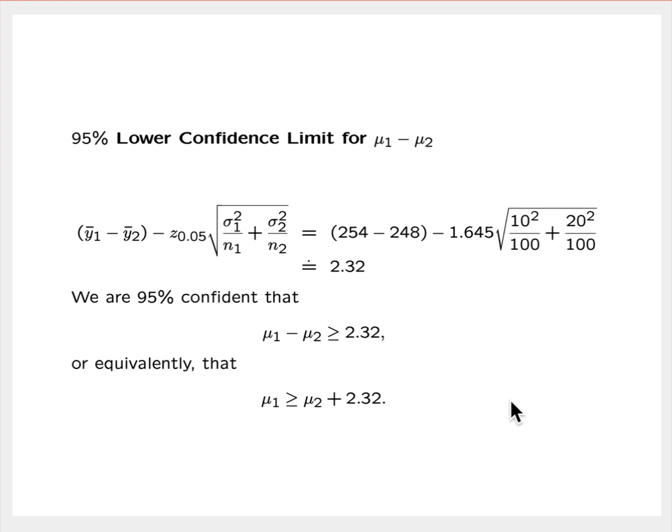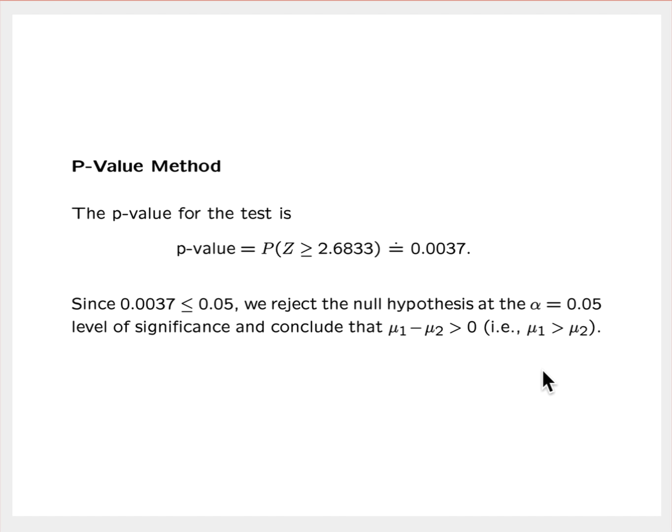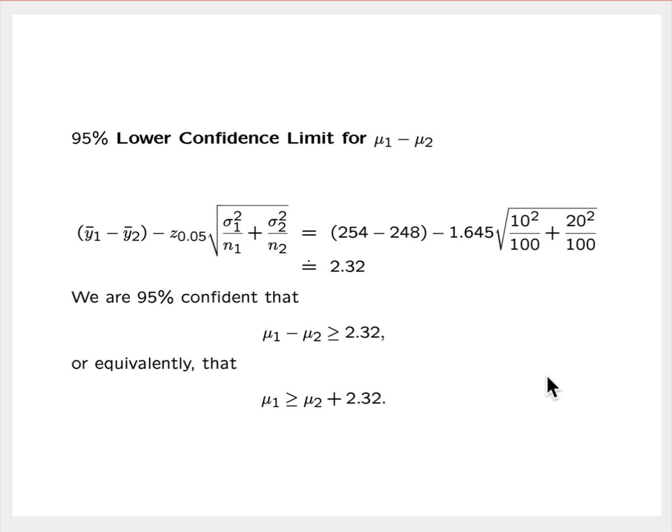Now, we're not done really because the natural follow-up question would be, okay, how much bigger? If we're concluding here that mu1 is bigger than mu2, the question is, how much bigger is mu1 than mu2? And so what we want to do is construct the appropriate type of confidence interval at the appropriate confidence level.